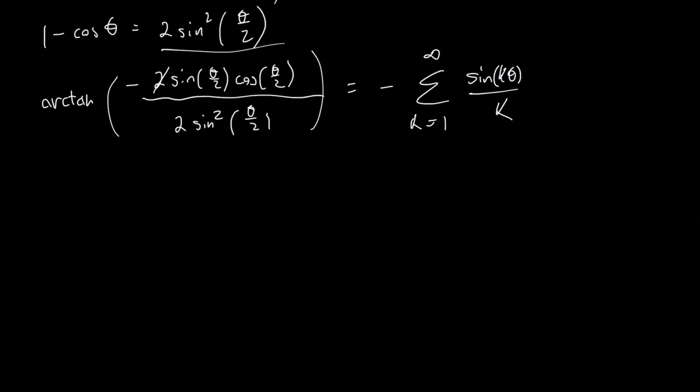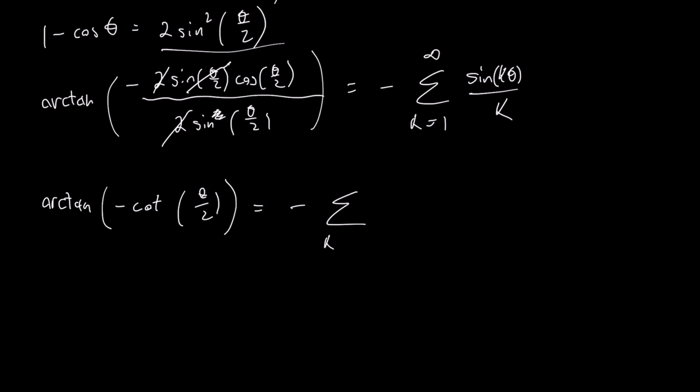And these twos end up canceling. One of the sine thetas ends up canceling, and we know that cosine over sine is the cotangent. So we have the arctangent of negative cotangent of theta over 2 is negative the sum from 1 to infinity sine of k theta over k.